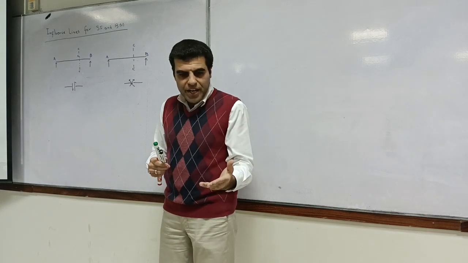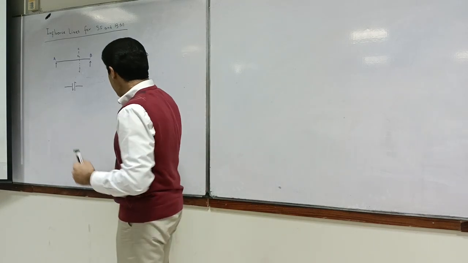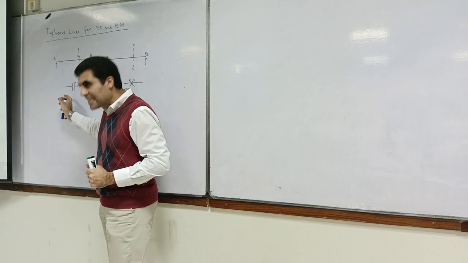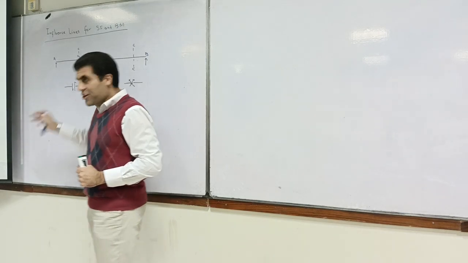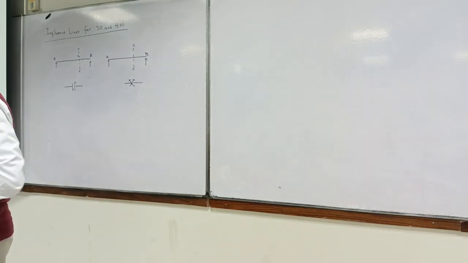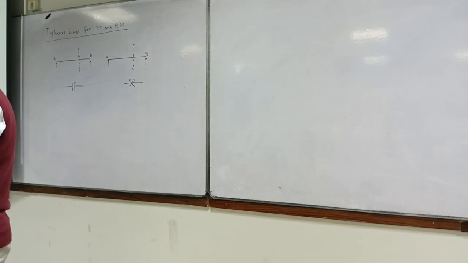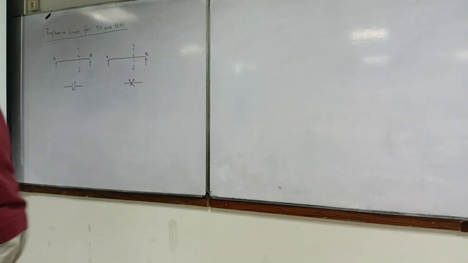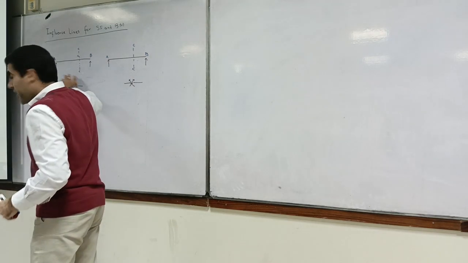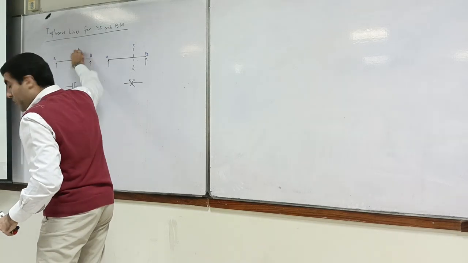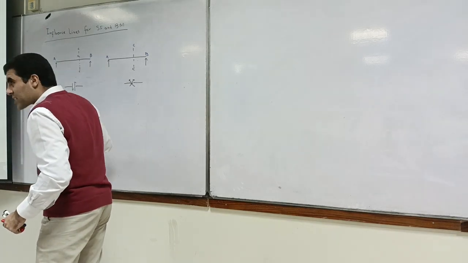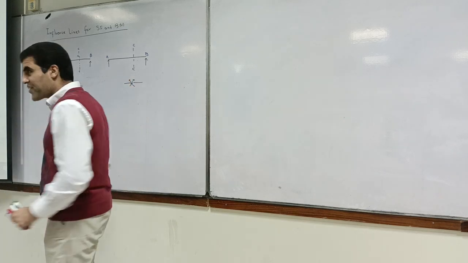That's what our assumption is. Normally the moment is in this direction and the shear is in this direction. Do you agree with me that normally when we draw shear force or bending moment diagrams, this is our normal assumption? If we cut it over here, we will have shear force in this direction and moment in this direction.